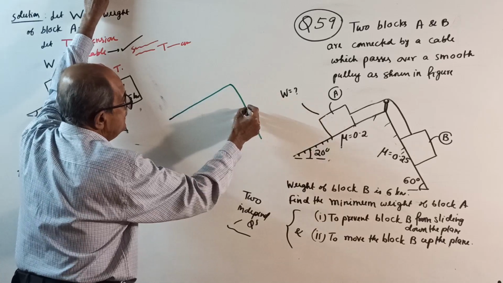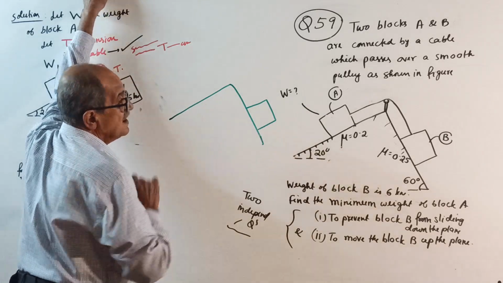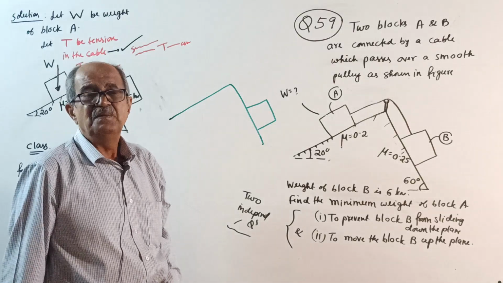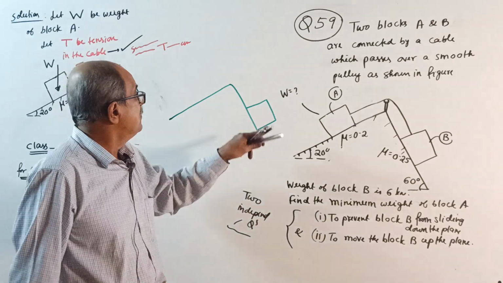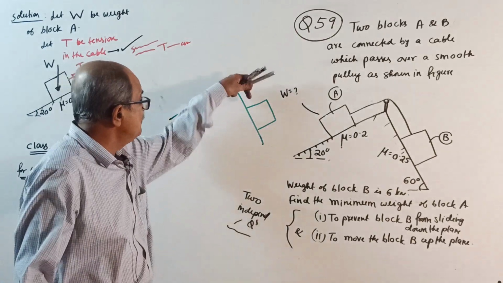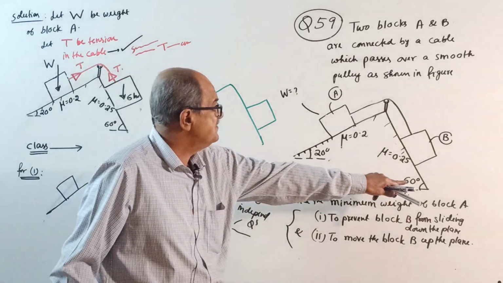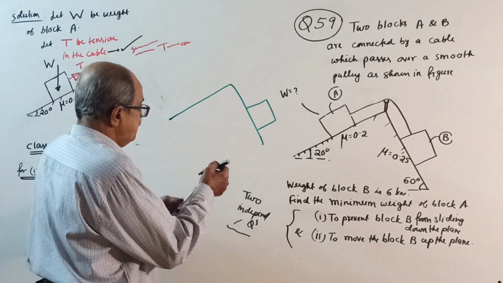A lightweight car is parked here. You found that the brakes are not working, so it will fall down. Friction is there, still, with a steep angle of 60 degrees, it will fall down. So what they want is, they will put a cable here.